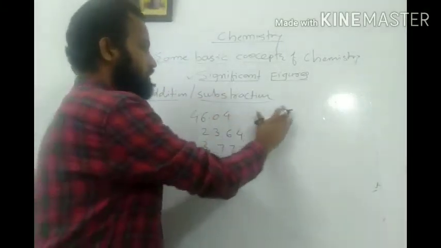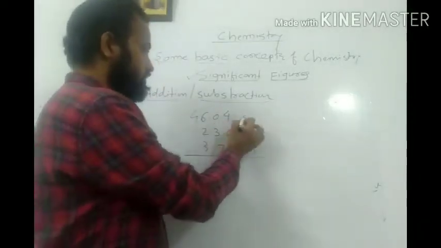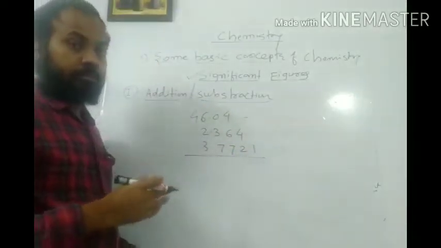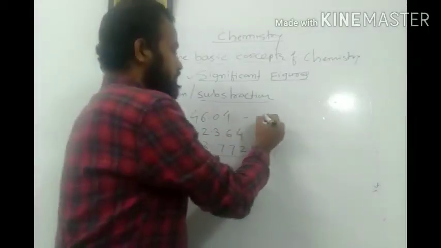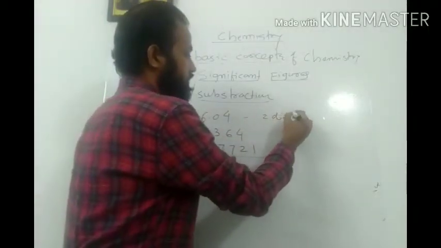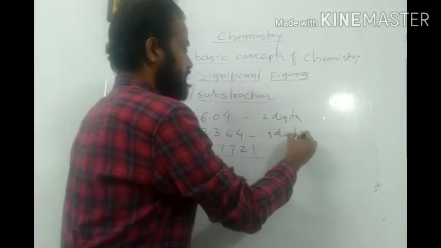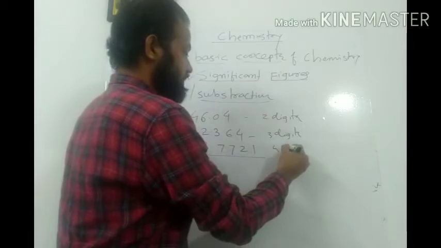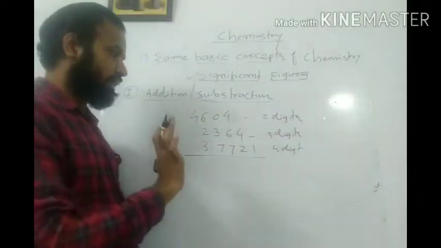Before this, I'm going to write down here the number of digits after the decimal place. So here if you see, two digits are there after the decimal point. Here you will observe three digits, and here you will get four digits after the decimal point. Okay, so I'm going to add them all.